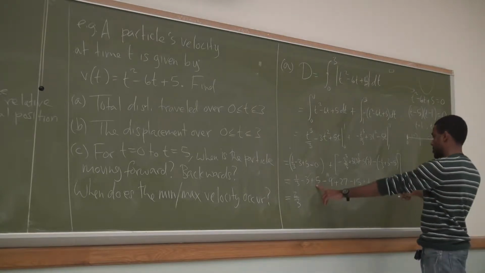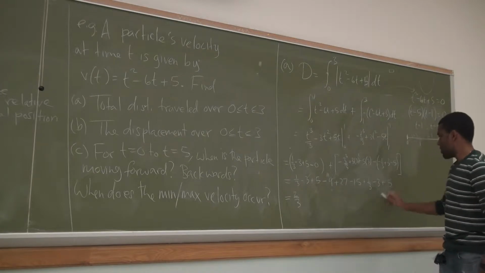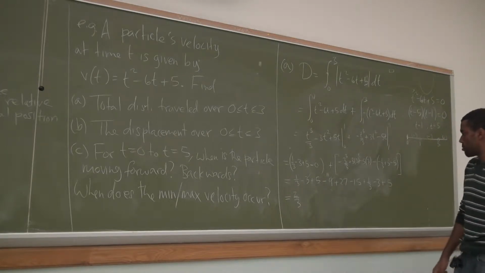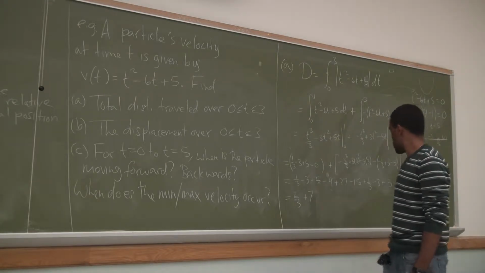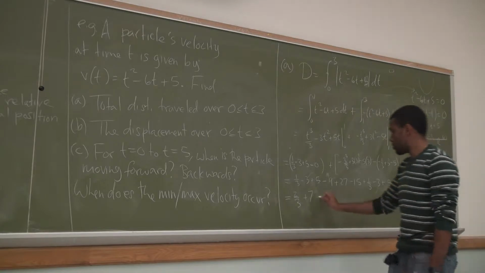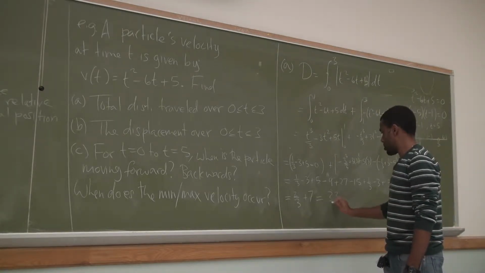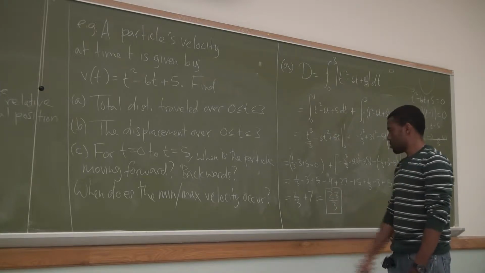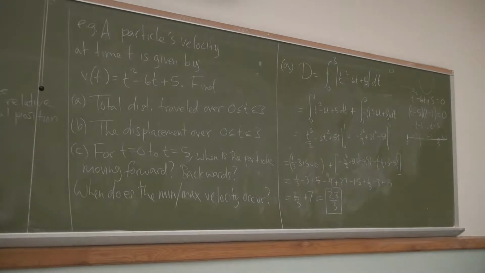We have 5 plus 5, that's 10. 5 plus 5 is 10, minus 3 is 7. Right? Is that it? So it's 21 over 3 plus 3. Or as far as the arithmetic. Is that right?